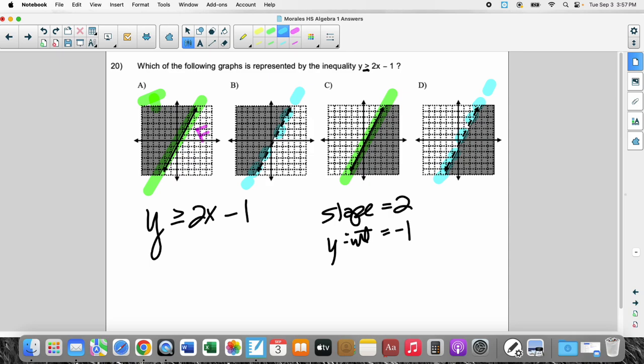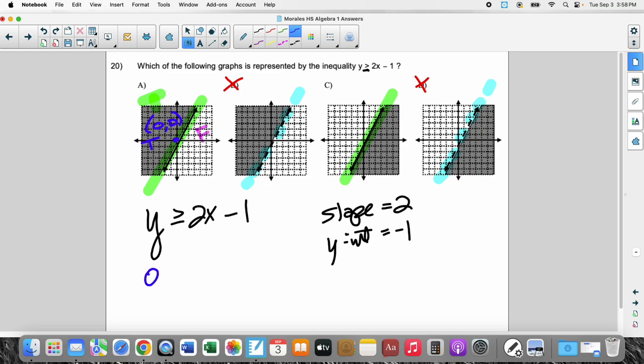Okay? So I know it's not going to be B, and I know it's not going to be D. So now I need to see, okay, the left side is true here, and in C the right side is true. So I'm going to pick a point. The easiest point to pick is 0, 0. I'm going to pick this point right here, 0, 0, and I know that it's on the true side.